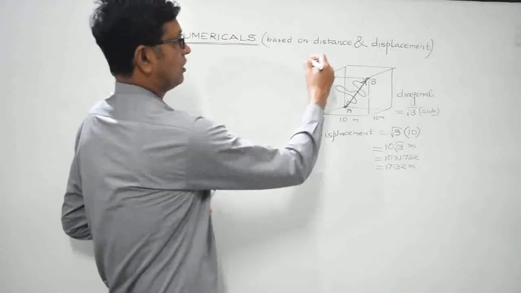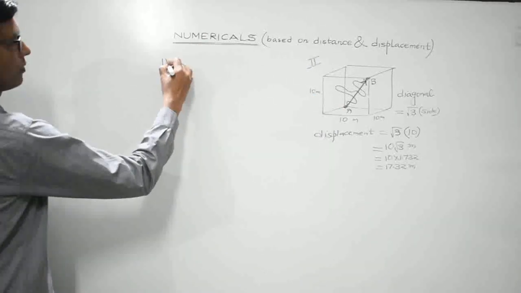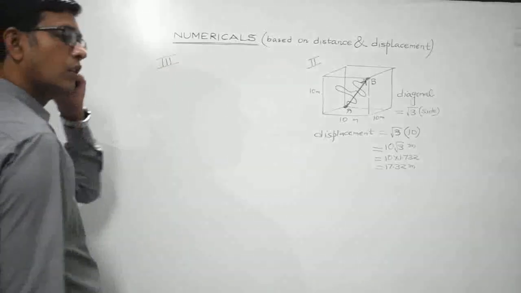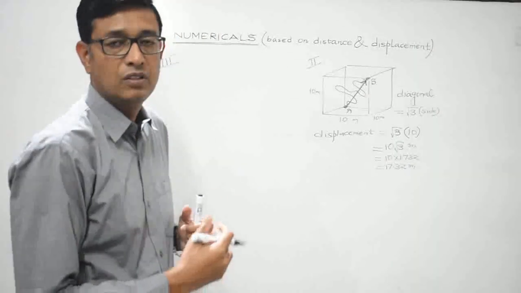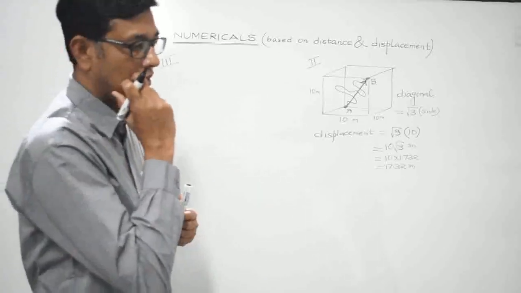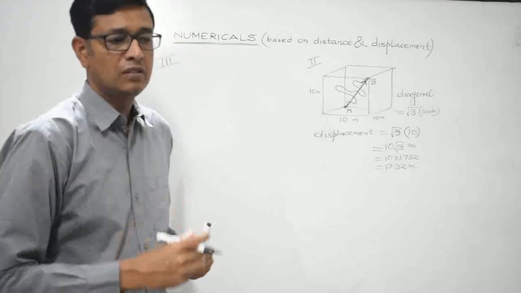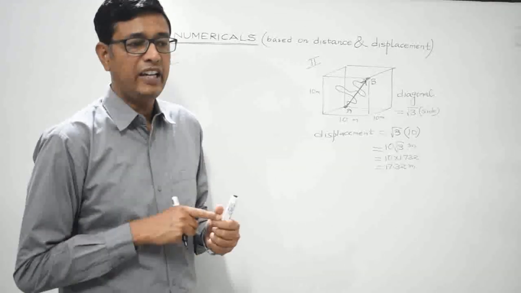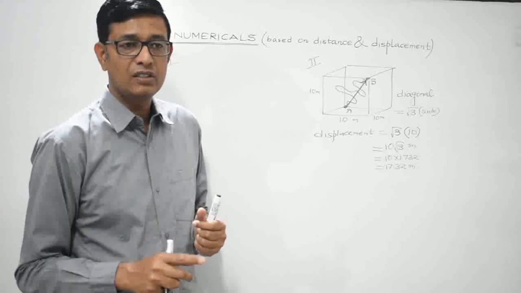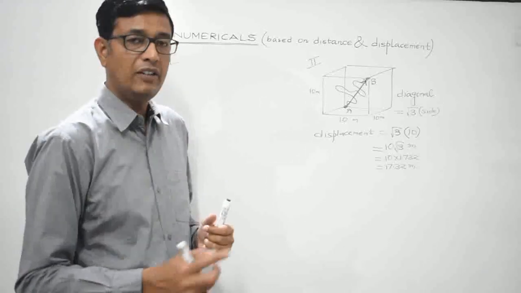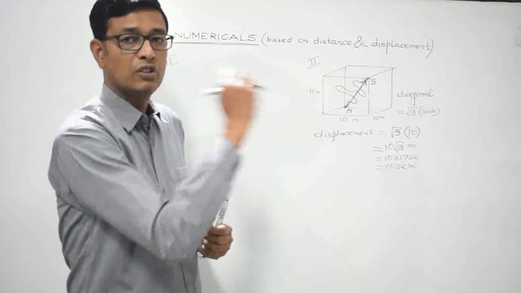Let's consider another example, the third one. Here we will consider the directions north, south, west, east. Suppose a person moves 8 meters towards east and then he turns towards his left and moves 6 meters towards north.